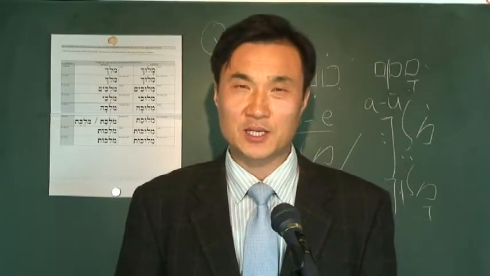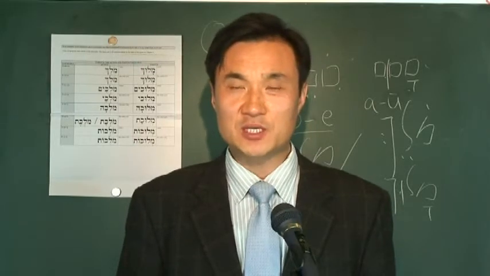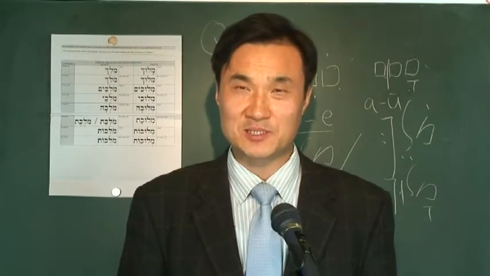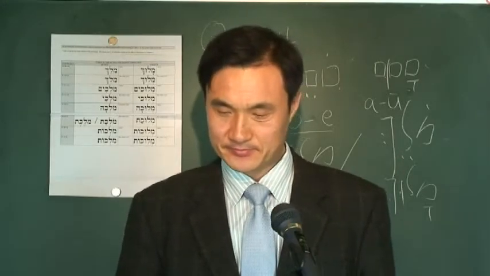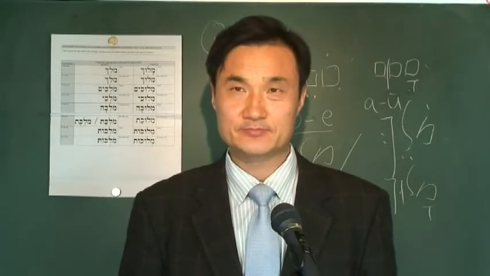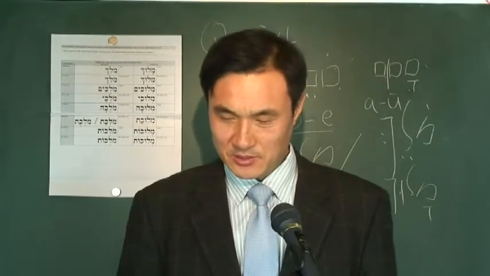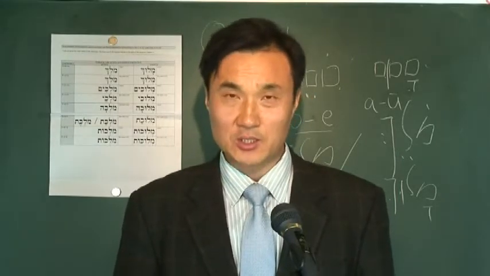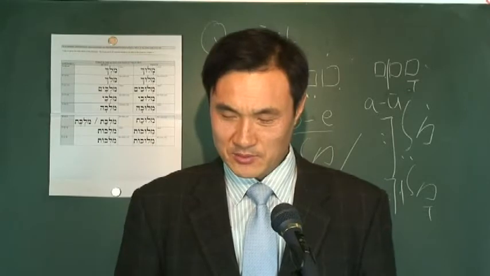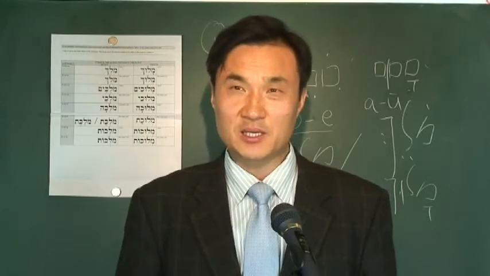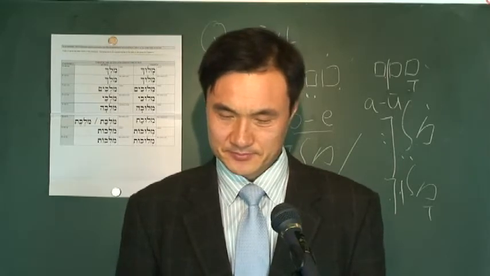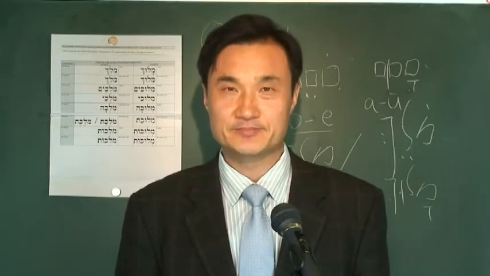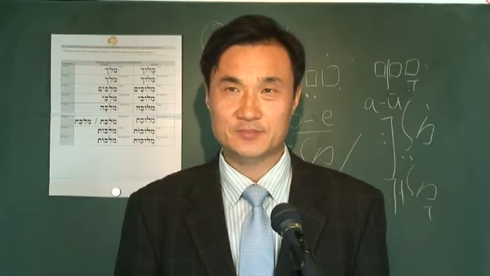These are called participles because participles have the characteristics of both nouns and verbs. The active participle and the passive participle of the Hebrew kal verb each have different noun forms.